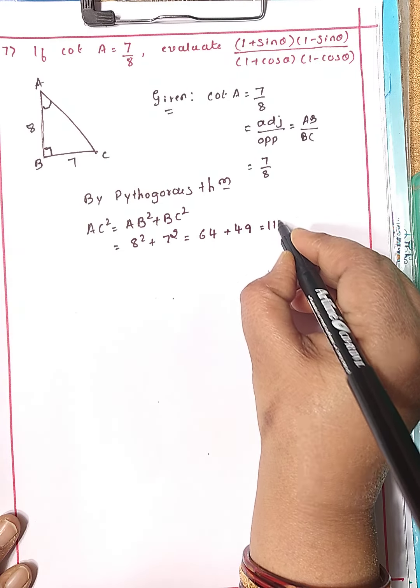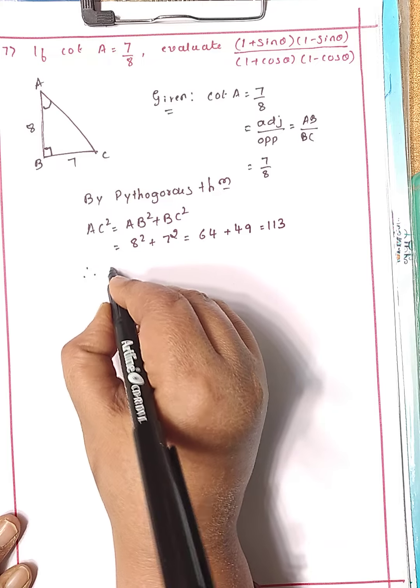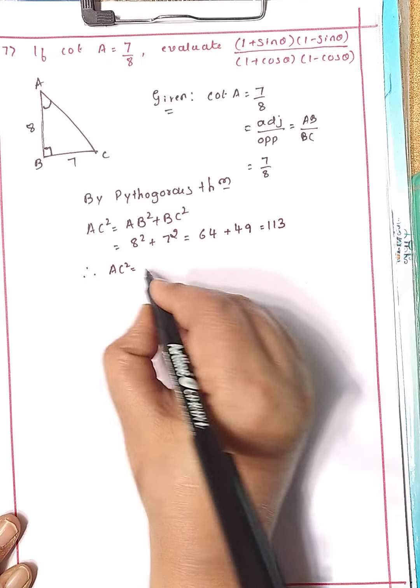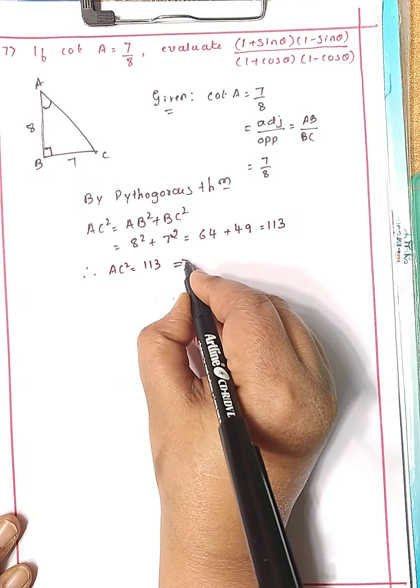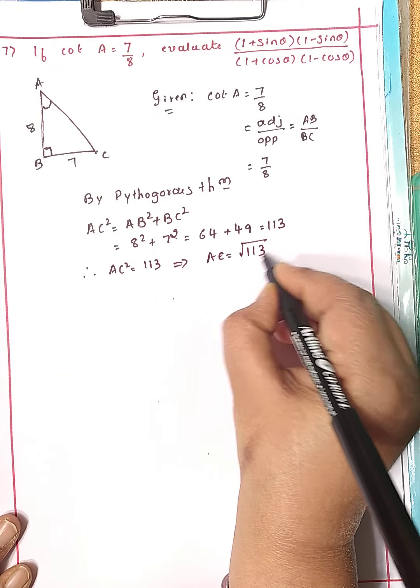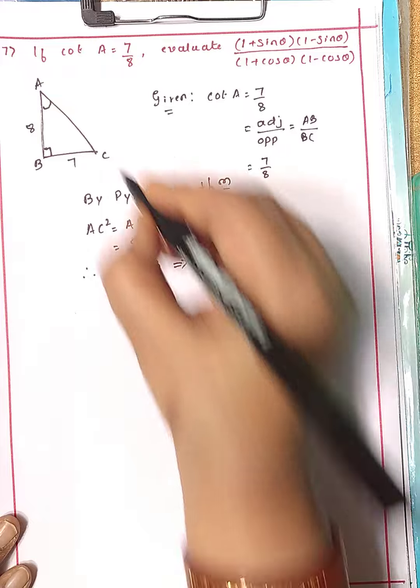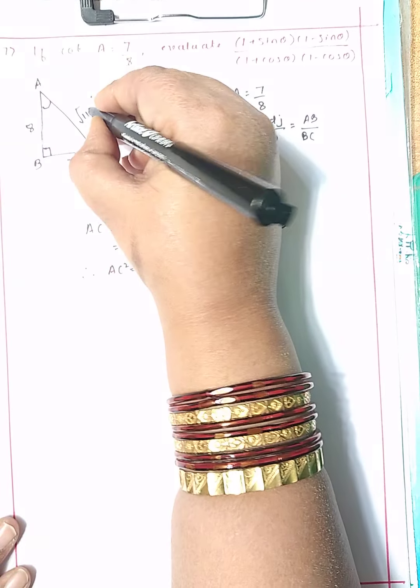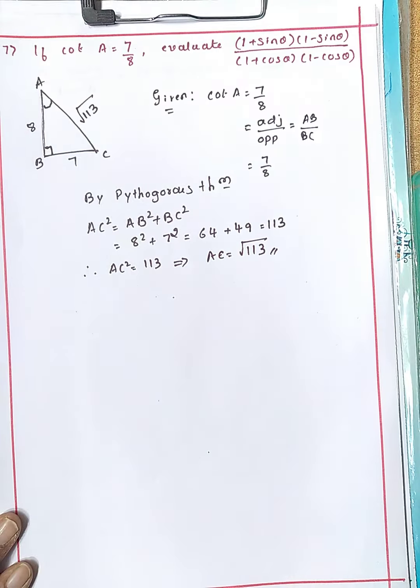This becomes 113. Therefore, AC square equal to 113 means AC equal to square root of 113. So this is the hypotenuse, square root of 113.